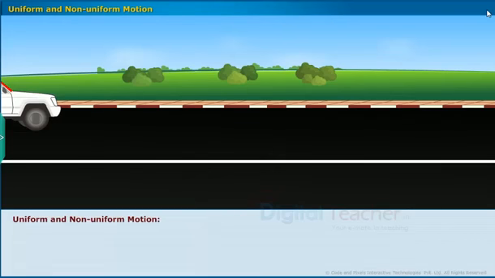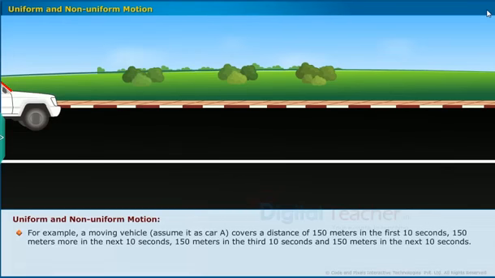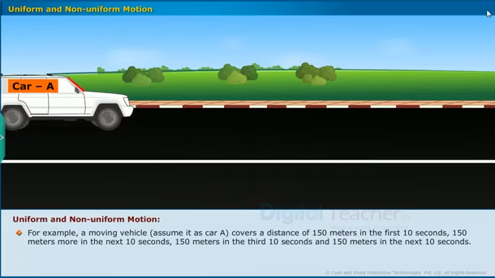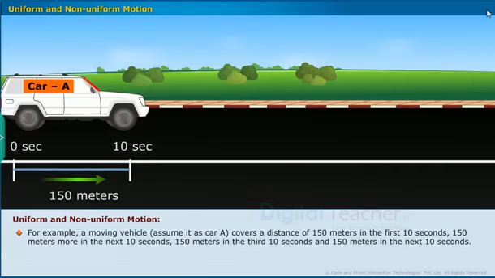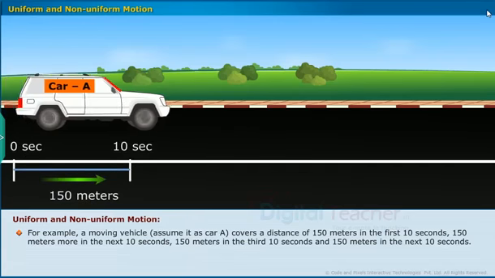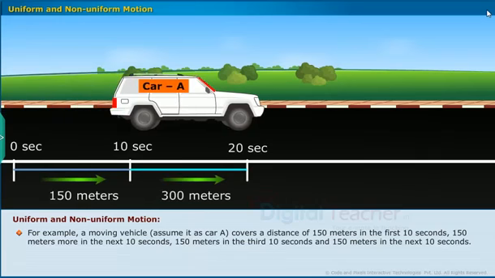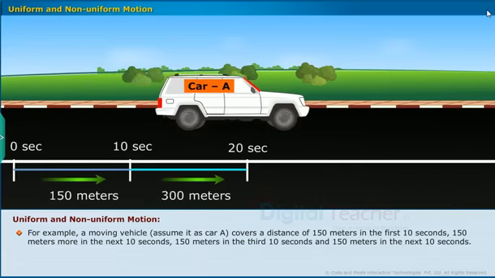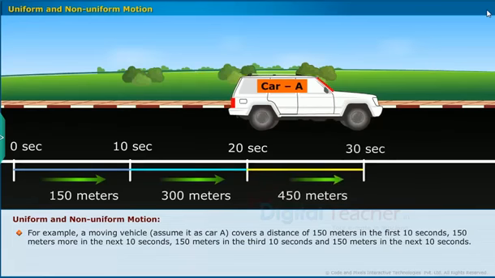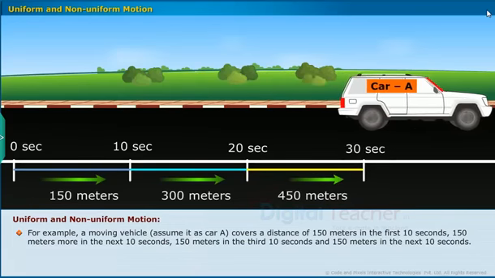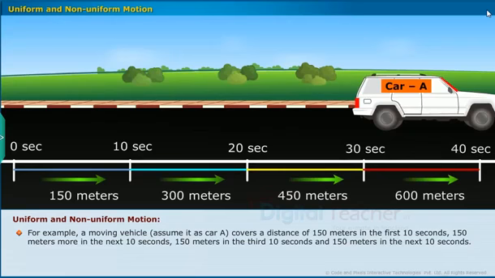Let us know about the uniform and non-uniform motion. For example, a moving vehicle, assume it as car A, covers a distance of 150 meters in the first 10 seconds, 150 meters more in the next 10 seconds, 150 meters in the third 10 seconds, and 150 meters in the next 10 seconds.